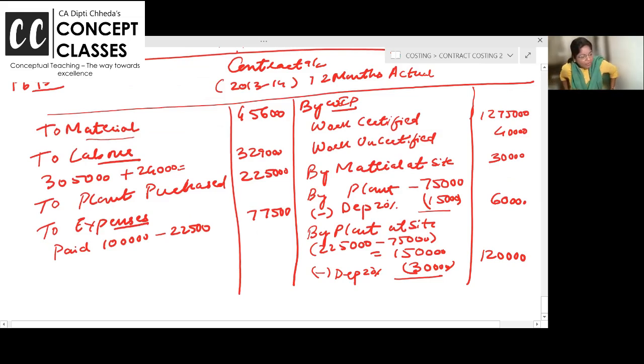Only figure I am ignoring right now is cash receipt. Cash received by work certified you have to use for that formula जिससे अभी कोई लेना देना नहीं है. So material, labor, plant, expense this side, work certified, uncertified, material at site, plant, and so on.